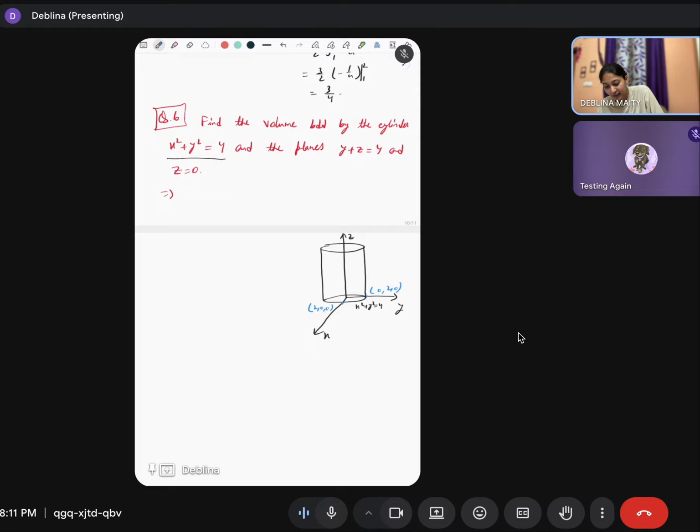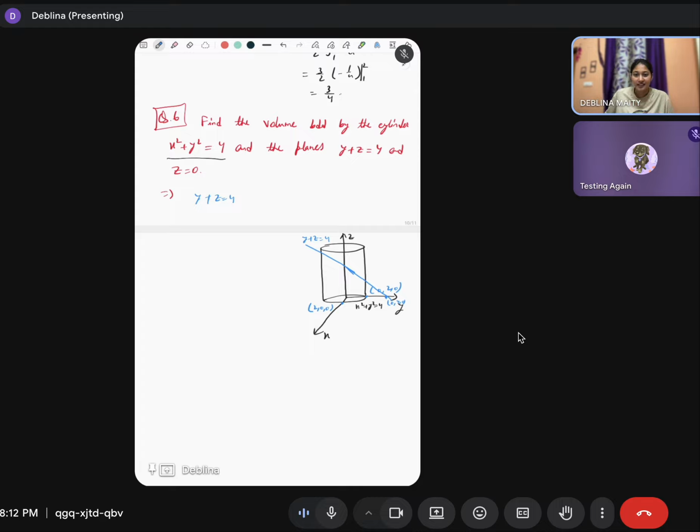Okay, and we have to find y plus z equals 4. This means it will cut the y axis at the point 4, so this point is 0 4 0. This line is y plus z equals 4.